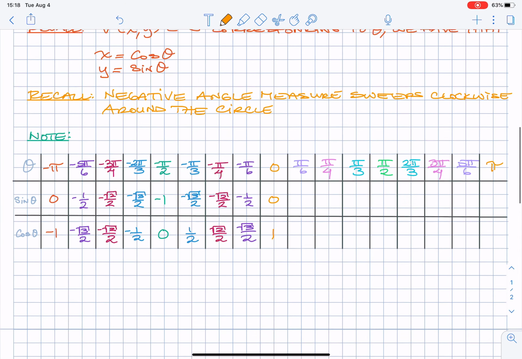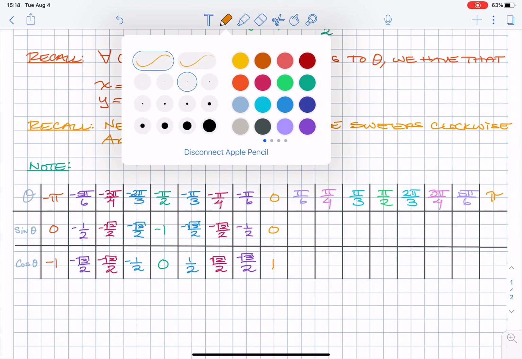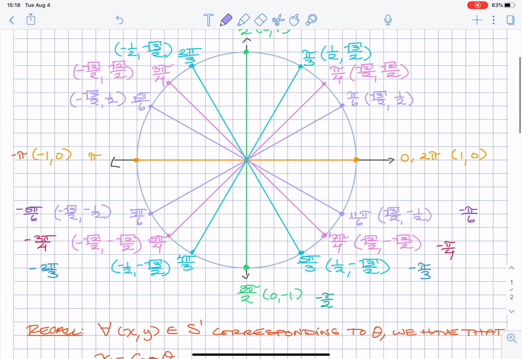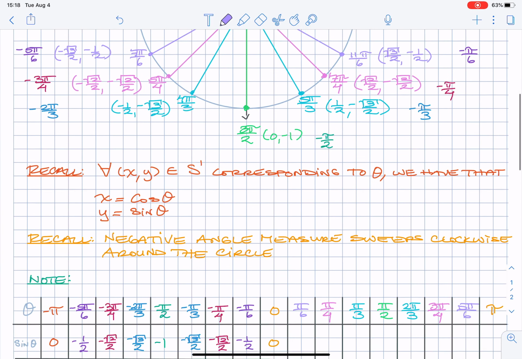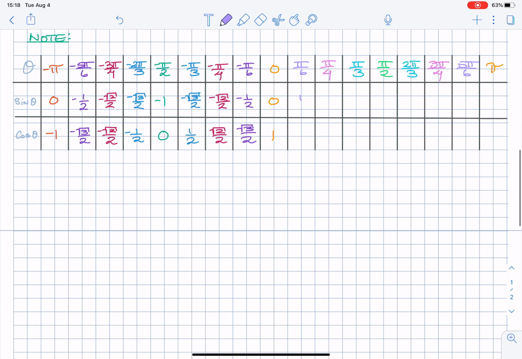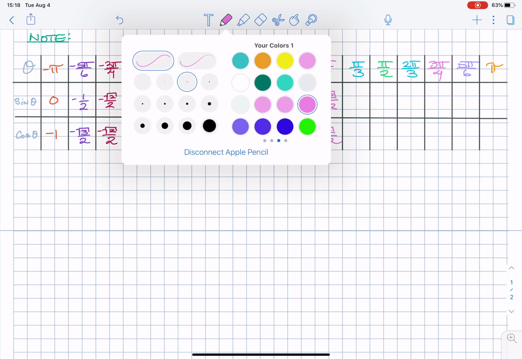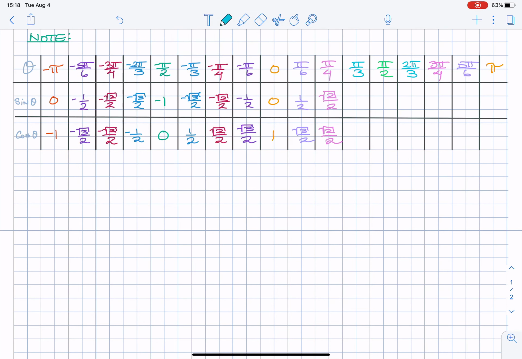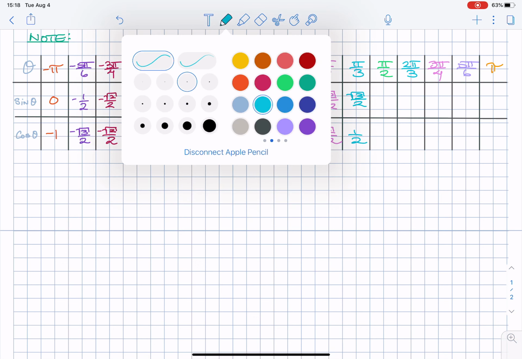Guess if I was thinking, I probably should have done x first, but it doesn't matter. Pi over 6, we have 1/2 for the y, and √3 over 2 for the x coordinate. So for pi over 4, they're both the same, they're both √2 over 2. For pi over 3, or the 60-degree angle, I know that the y coordinate is bigger, √3 over 2, and the x coordinate is smaller, 1/2.